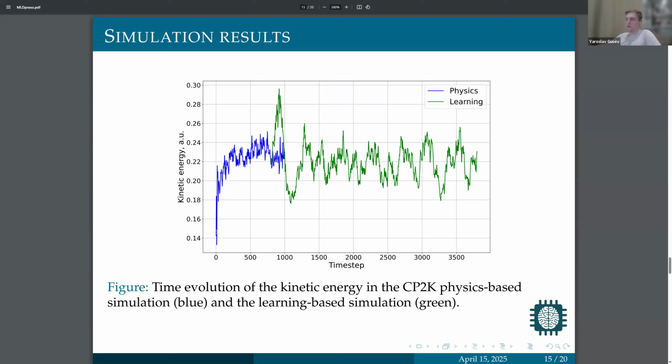You can notice from the beginning a sudden growth of kinetic energy in the CP2K simulation. This probably corresponds to bad initial conditions, I believe. Nevertheless, the system gets to some equilibrium, I guess, after 200 time steps. So for the training of our models, we used the data from time step 200 to approximately 800.